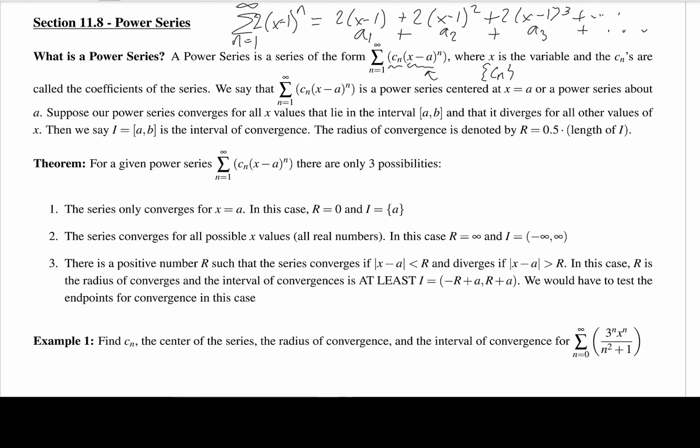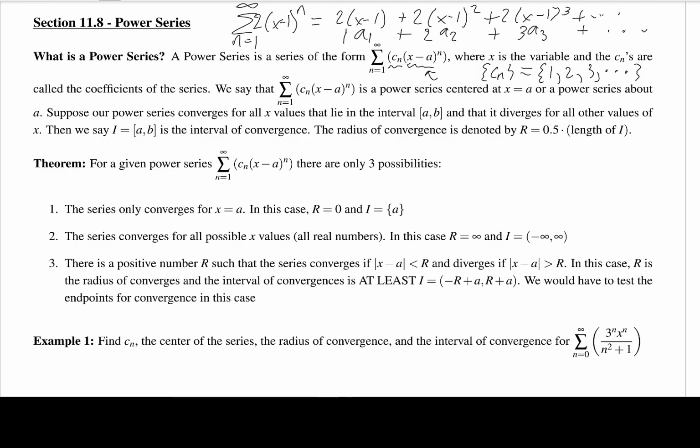So let's say I wanted the coefficients to be 1, 2, 3, and so on. Then I would just make this c sub n sequence 1, 2, 3, and so on. So our c sub n is always going to be the coefficient of x minus a to the n. We have some series where we write a x minus a to the n, and everything that's being multiplied by that is going to be our c sub n.